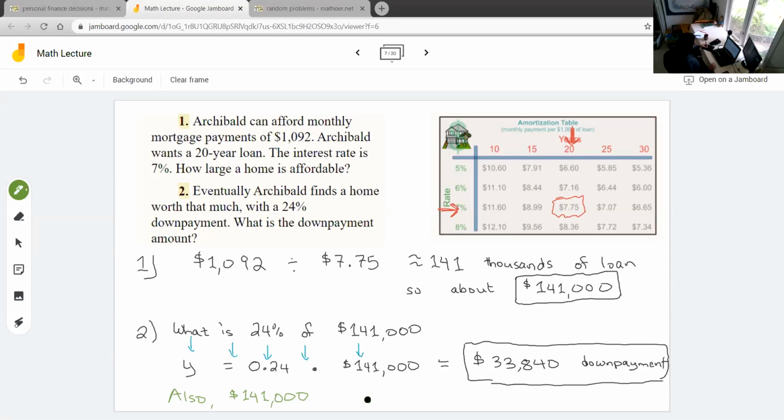So by the way, when we get that far, if we take away the down payment, we get the actual loan size.